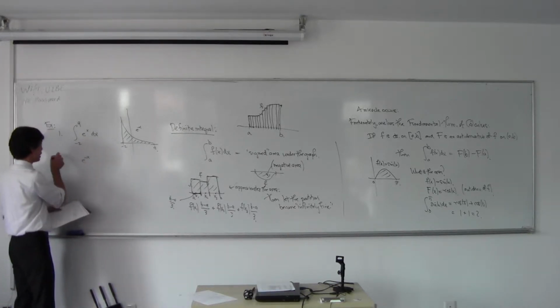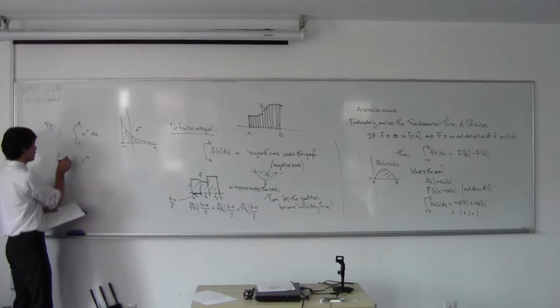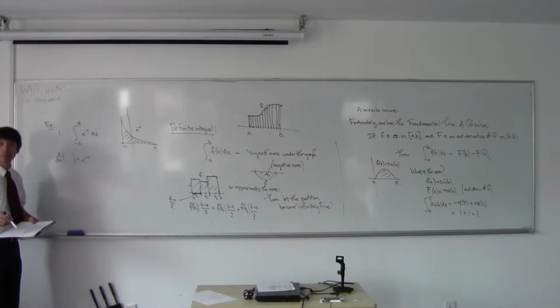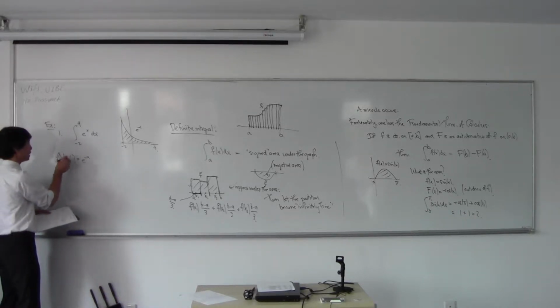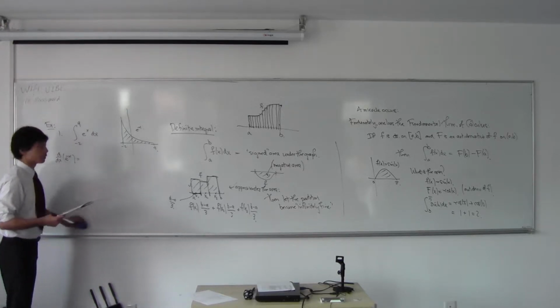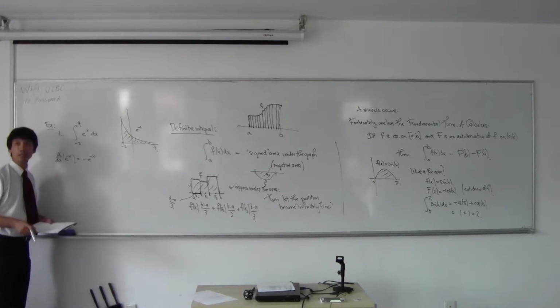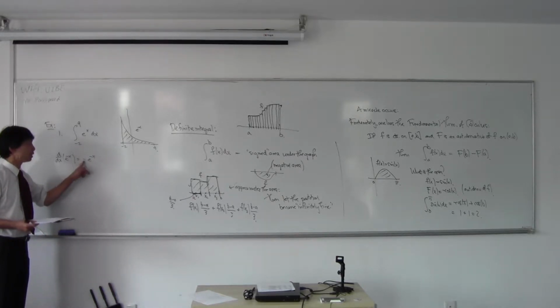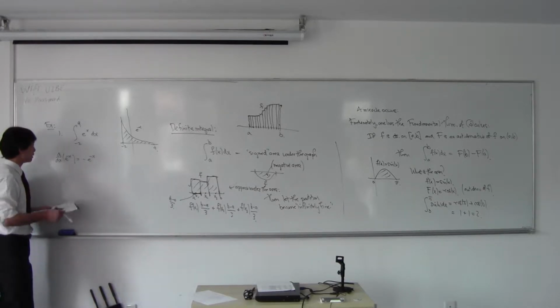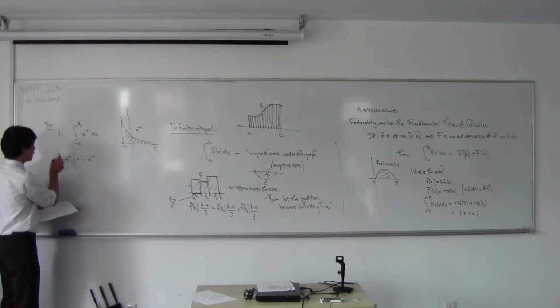So you're looking for something that, when you differentiate it, you get e to the minus x. What happens when you differentiate e to the minus x? You get minus e to the minus x. So it's almost what you want, except that you have this minus sign on it. So you say, okay, I'm going to multiply everything by -1.